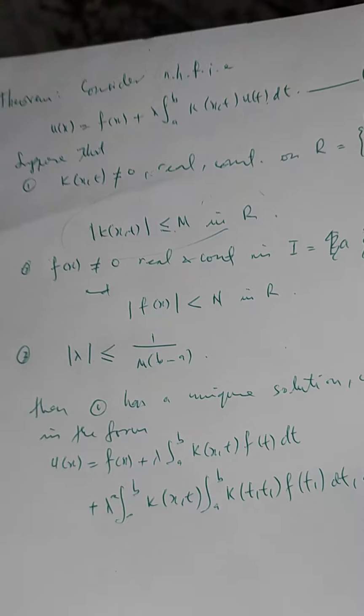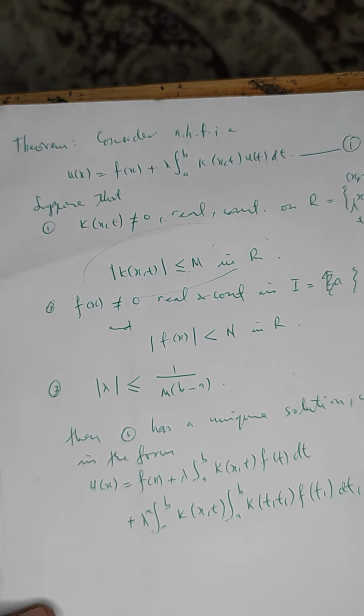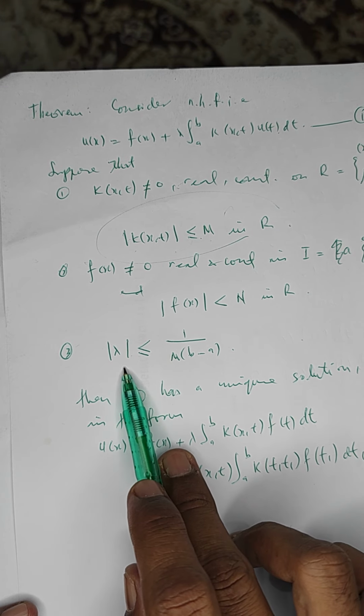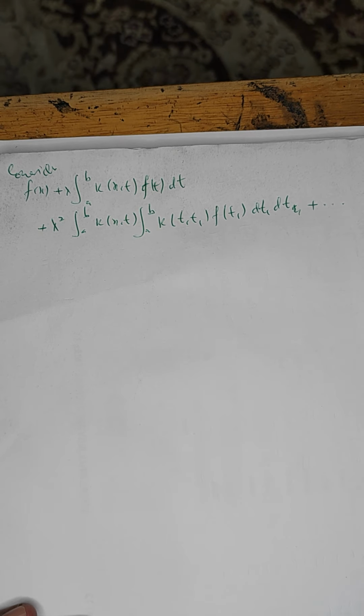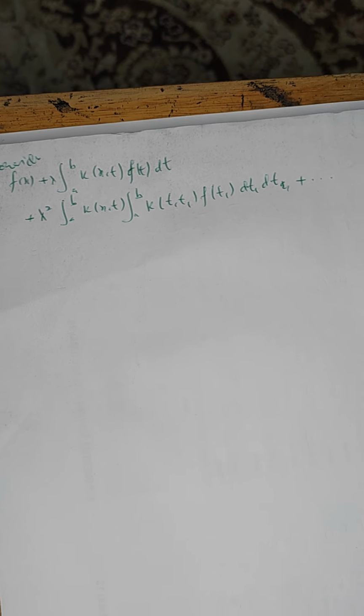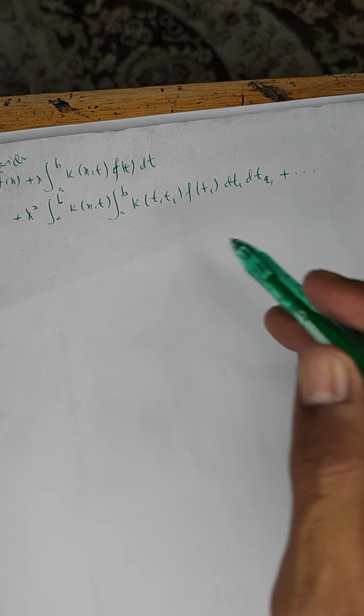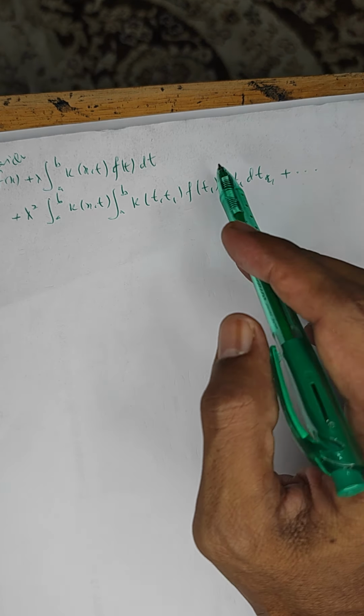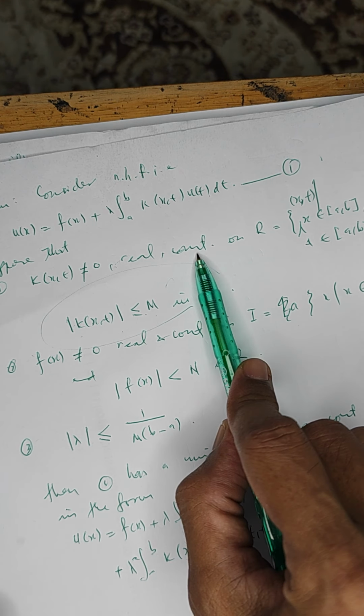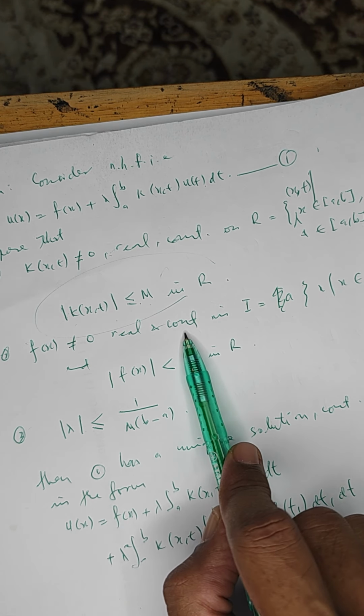Now from the assumption in the theorem, the magnitude of K is bounded, f is bounded, as well as lambda is given by that. Each of these functions K and f is real and continuous.